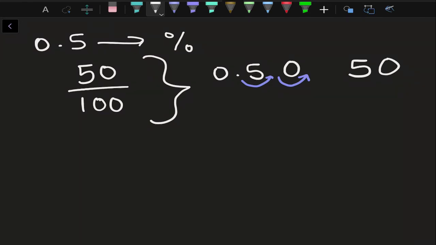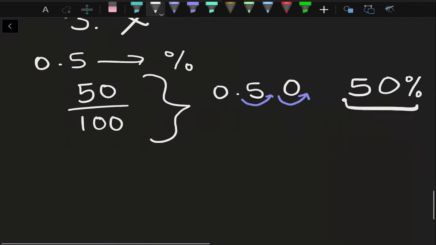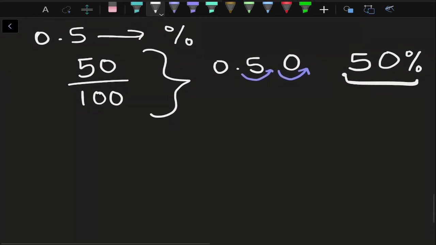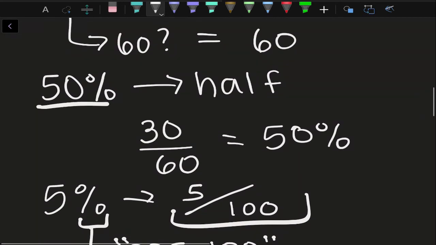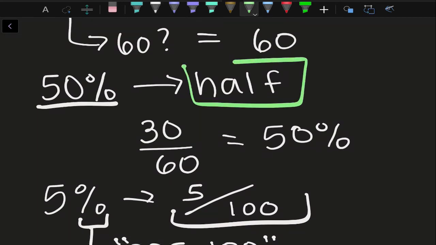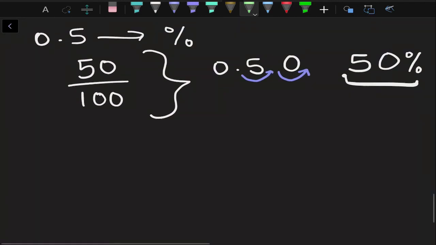Because this is a 0 here. We add that percent. And really we already added our zeros, so in this case we could do step 3 before step 2. Then 50 over 100, well, we've talked about that before, and up here we discussed how 50% of 100 is half, which is 50%, which again can be shown as 50 over 100. So this is equal to 50%.